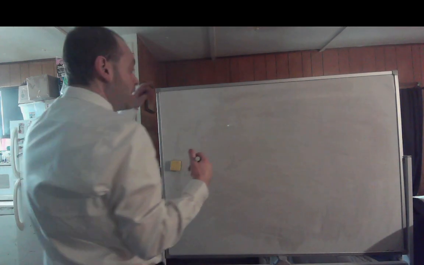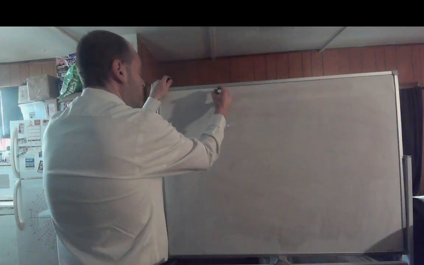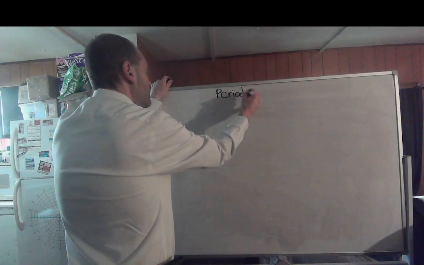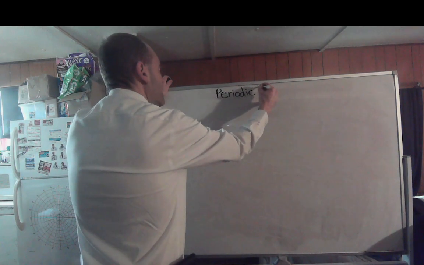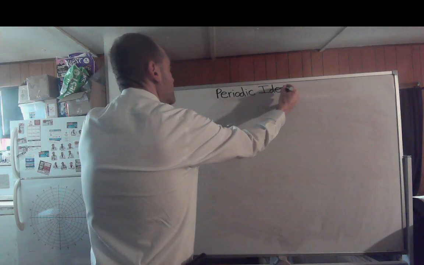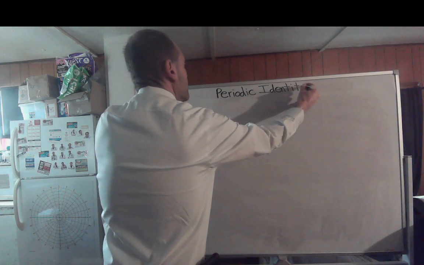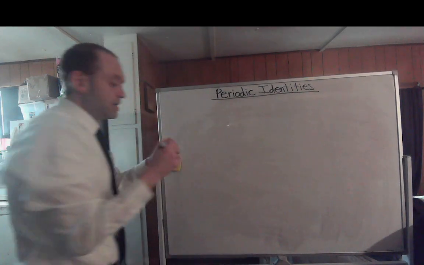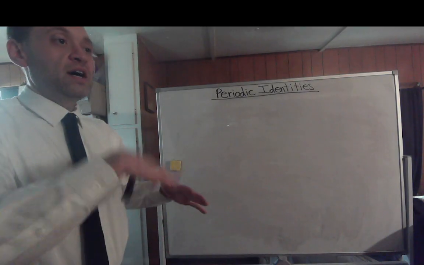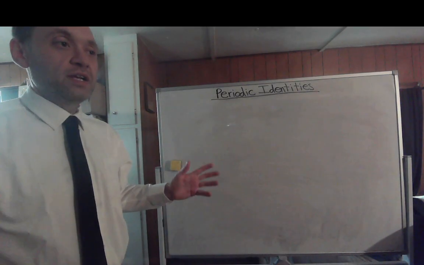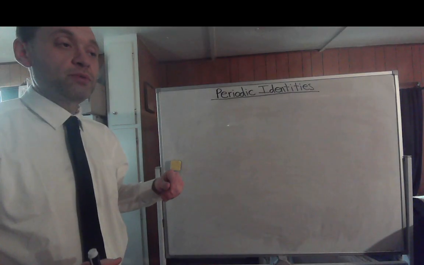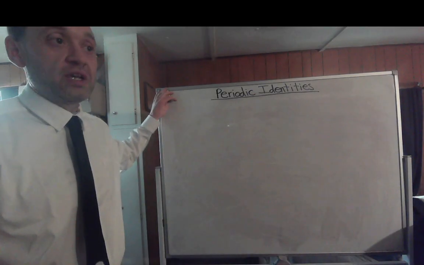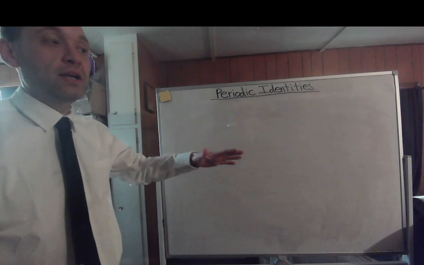Now, we also have what are called periodic identities. And what do we mean by periodic identities? So yes, trig functions are periodic. That means they oscillate on and on infinitely. And in a couple lessons from now, when we get into graphing trig functions, you're going to see what I mean by them being periodic and oscillating.